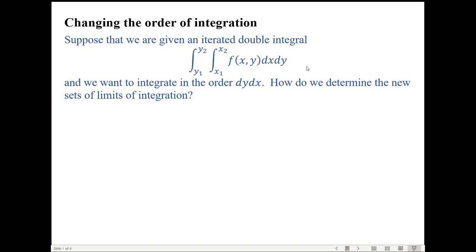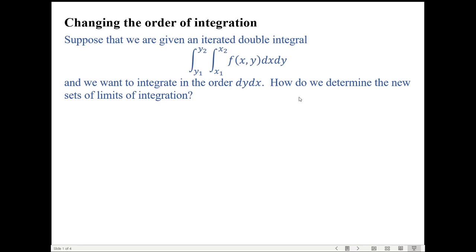So the order of integration is with respect to x first, followed by integration with respect to y. Suppose we want to change the order of integration, integrate with respect to y first, then with respect to x. There will be changes in the limits of integration, and that's what we are going to study or learn.